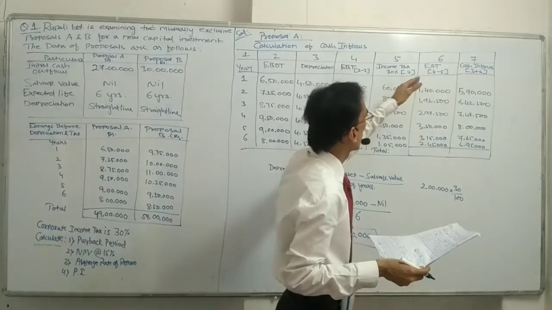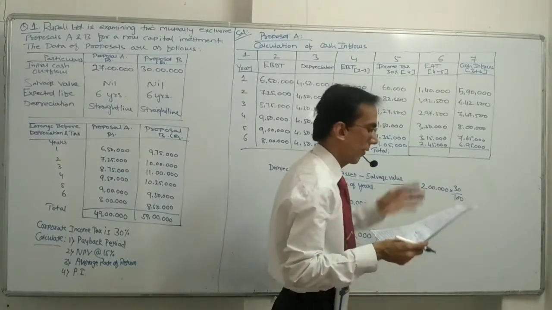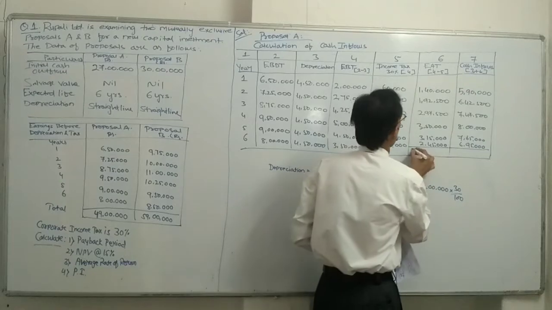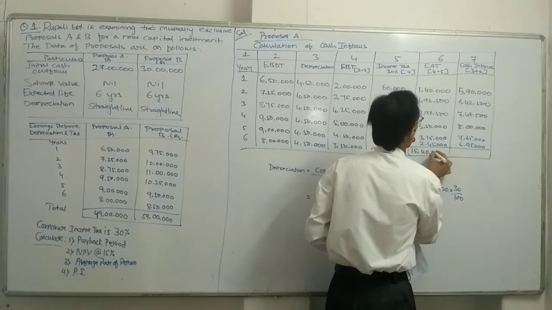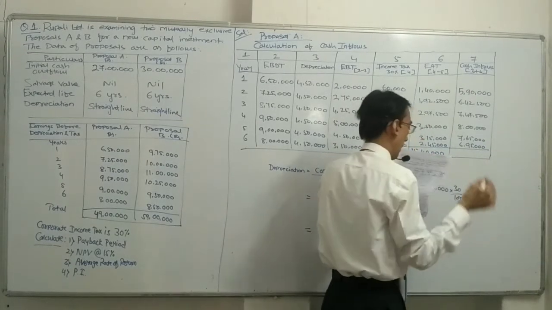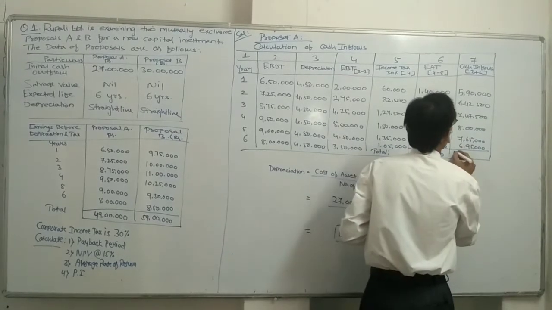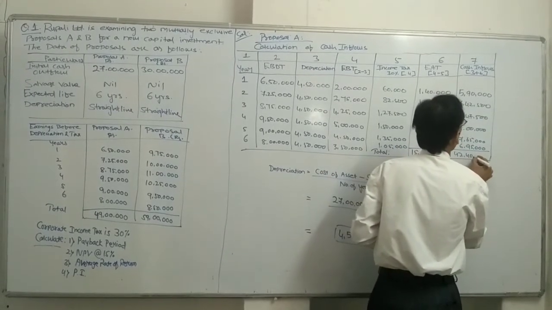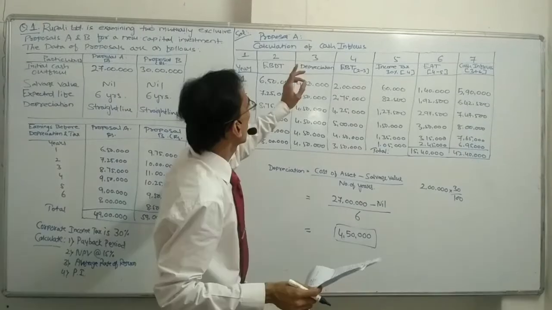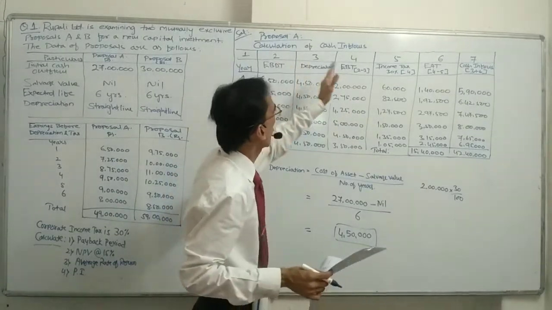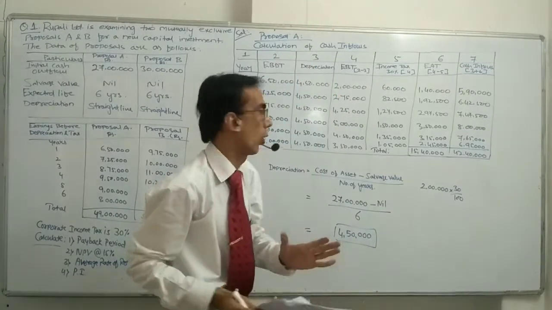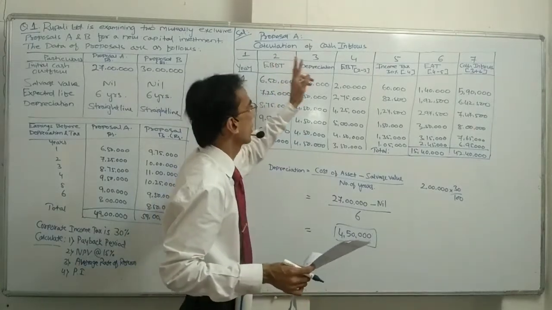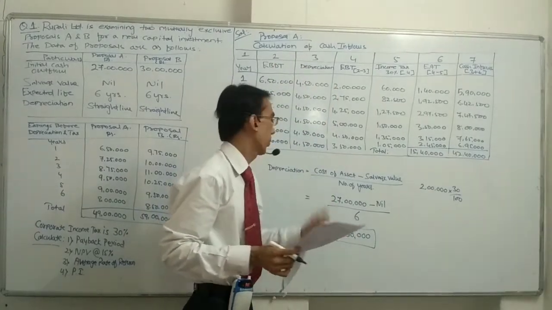Afterwards, we need to total the sixth column and seventh column. The sixth column total is 15,40,000, and the seventh column total is 42,40,000. We need to calculate cash inflows for proposal B also. This is proposal A.